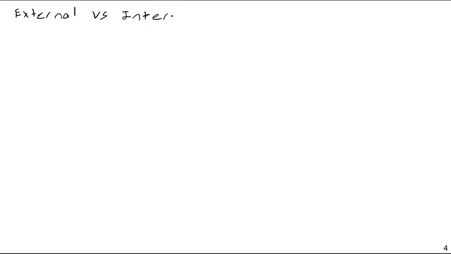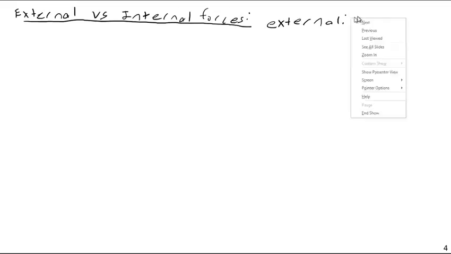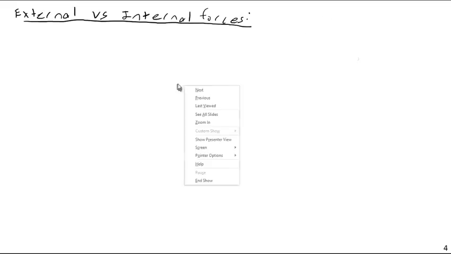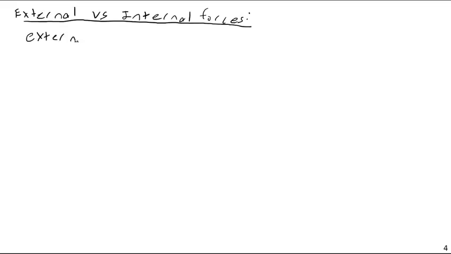This one is fairly straightforward. External forces arise from a force, a contact force most likely, applied at the surface of a body.